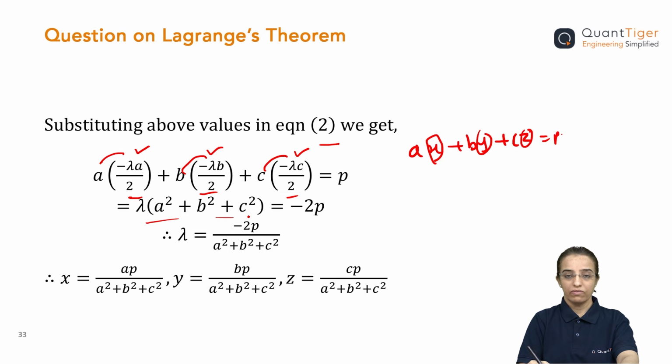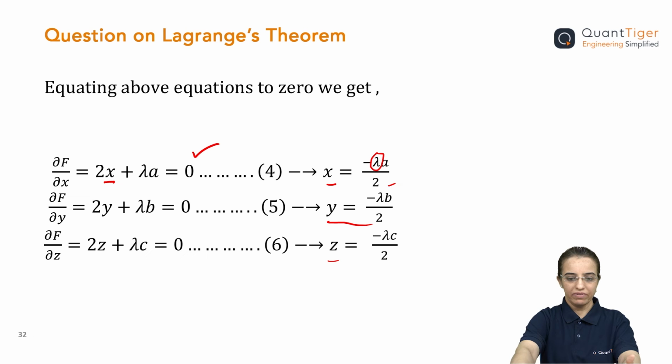Now our task is to get the value of lambda. So I kept lambda on one side and shifted the other terms to the right hand side. Here I got the value for lambda. Whatever value we have got for lambda, we can put in the values of x, y and z, so that we get values which won't have any lambda in them.